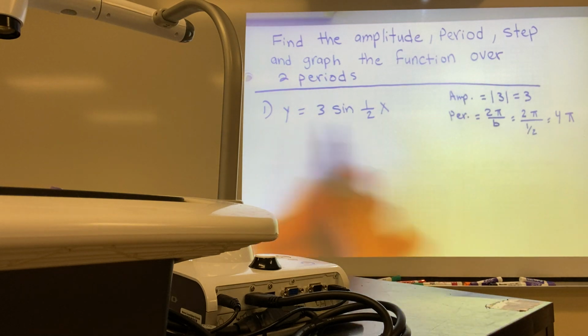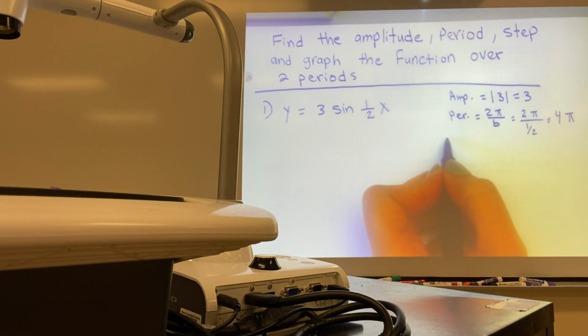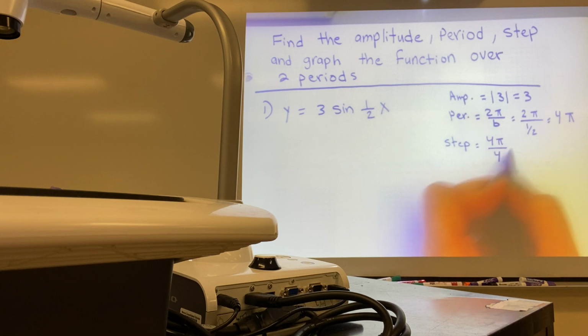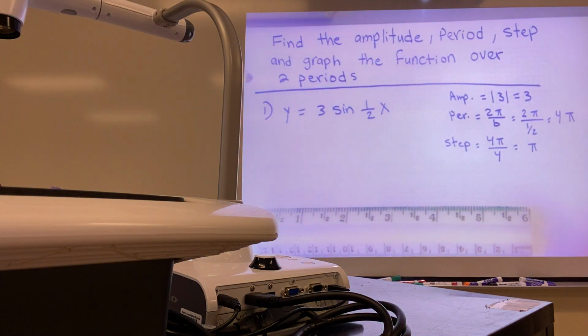And the period for this function is 4 pi, and the step is 4 pi divided by 4, and that will be pi. Now let's graph this function.